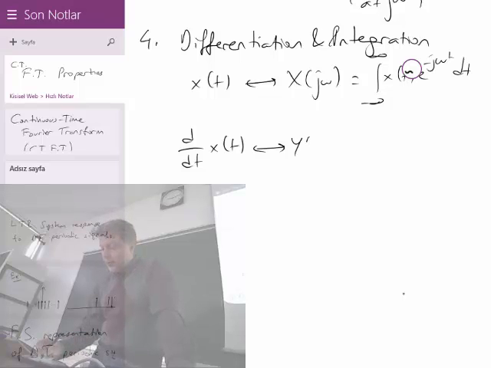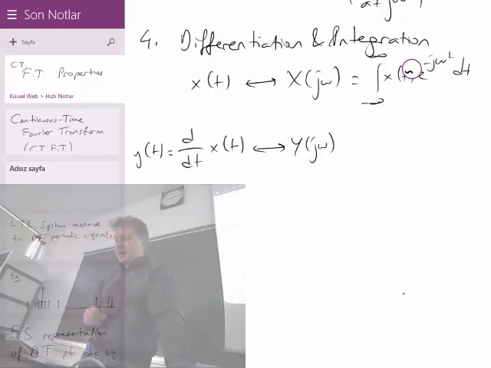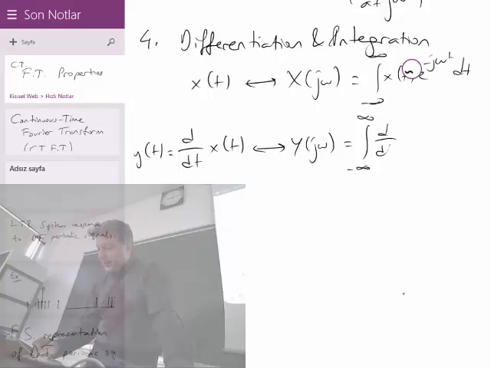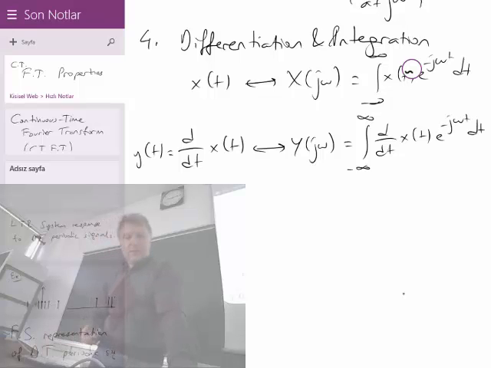It's going to be y of j omega, let's say. Let's assume that y of t is the time derivative of x of t. Then its Fourier transform y of j omega will be equal to, from minus infinity to infinity, d by dt x of t e to the minus j omega t dt. Right?